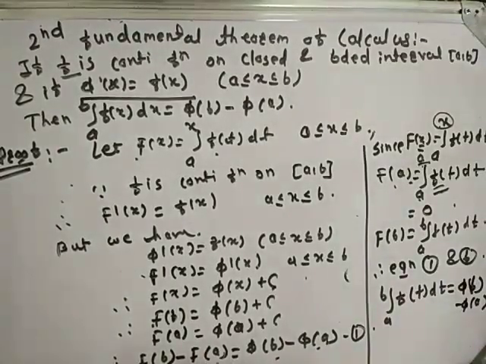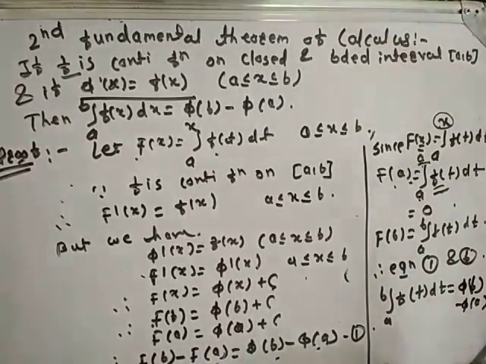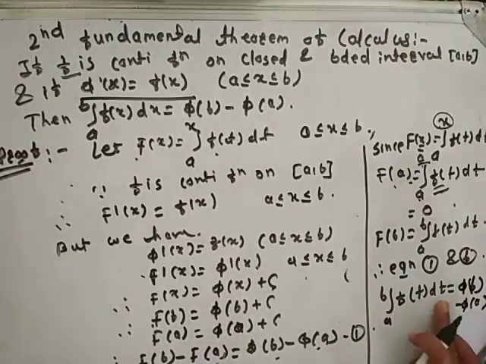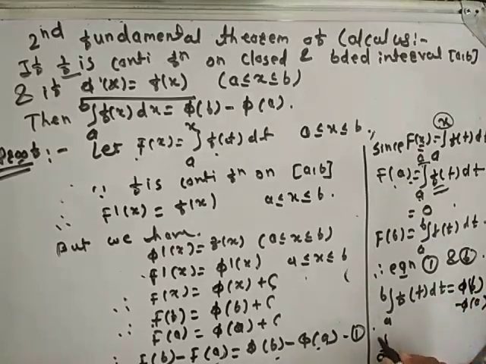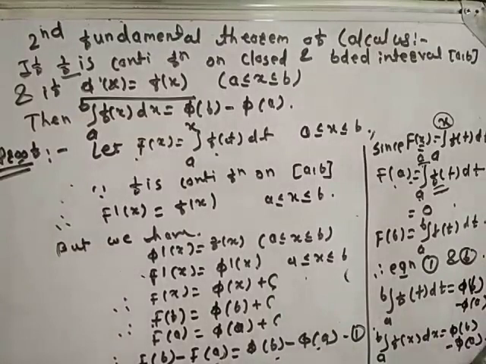F of a is 0, so no need to write it. So we will get integration from a to b of f of t dt is equal to phi of b minus phi of a. So here we can replace t by x: integration of f of x dx is equal to phi of b minus phi of a. Hence we have proved what we wanted to prove.